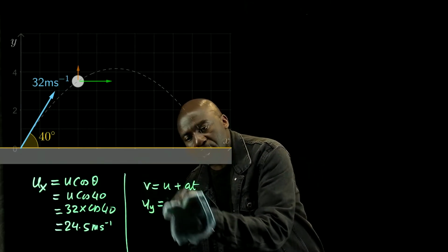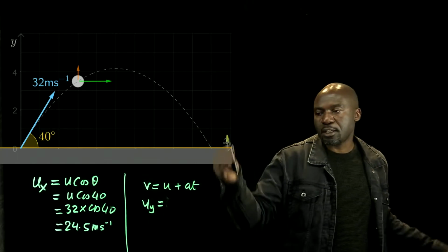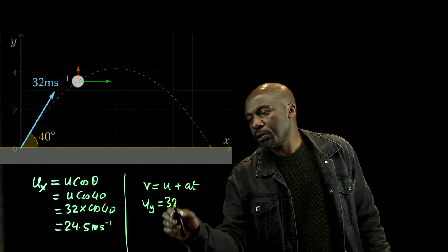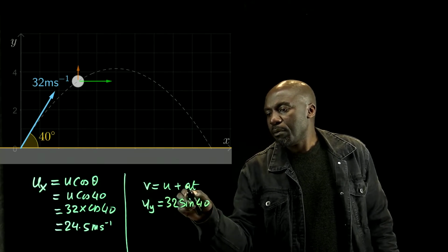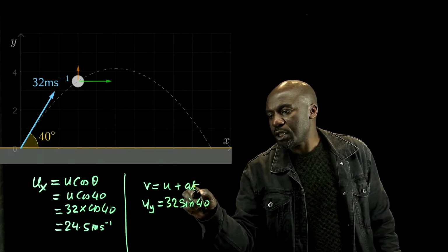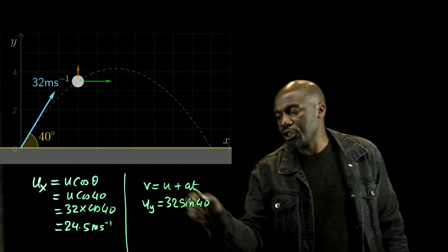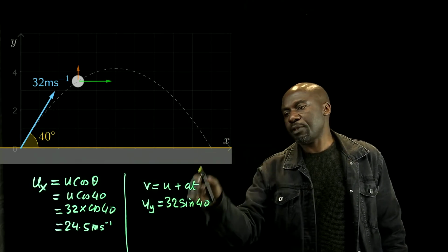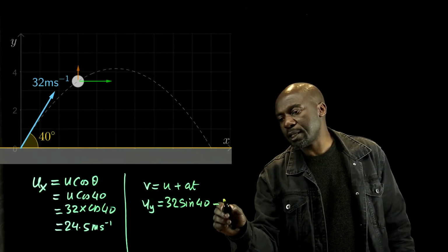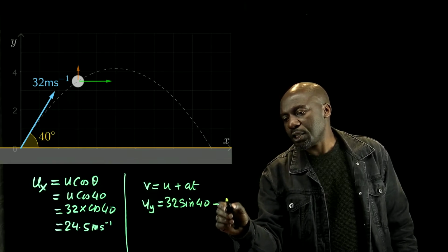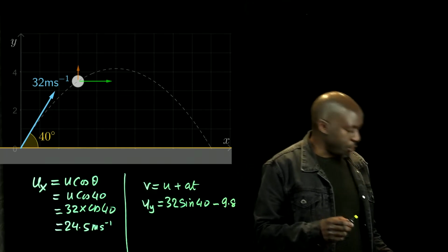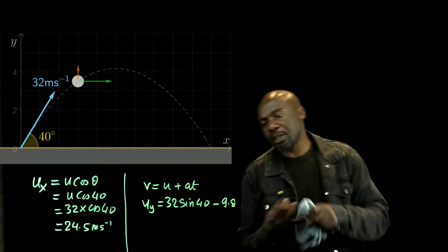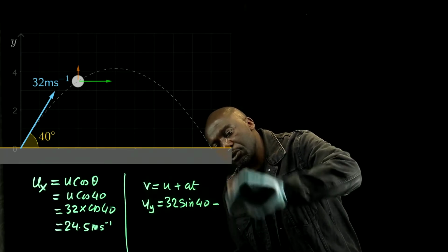We know our values. The initial velocity u is 32, so we'll say 32 sine 40 plus a times t, but our a is acceleration due to gravity. On its way up, that is negative, so we say minus gt, which is 9.8, or 10. I think the question has said to use 10 meters per second squared for the acceleration due to gravity.